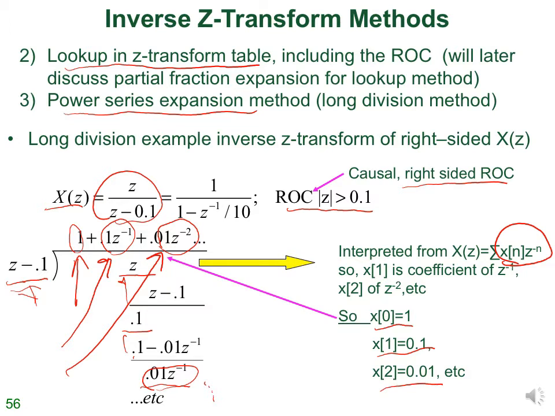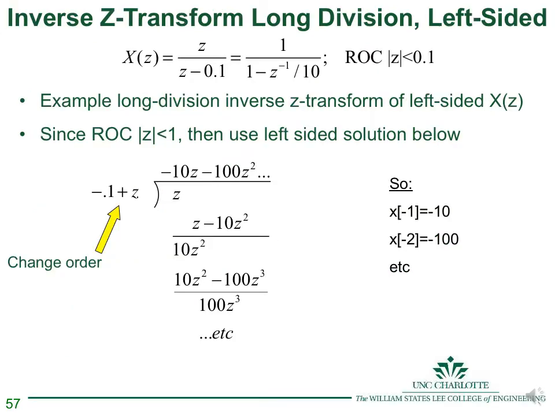If the sequence is left-sided, then the ROC will go the other way. And so you just change the order of your long division. And when I divide this now into z, my first value is to multiply by minus 10z.